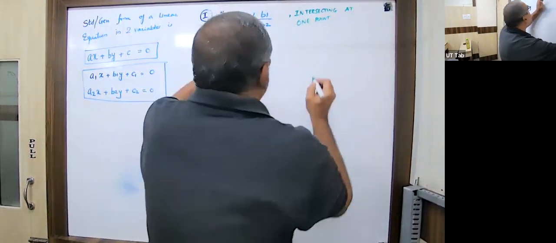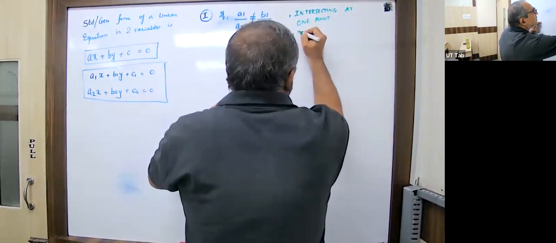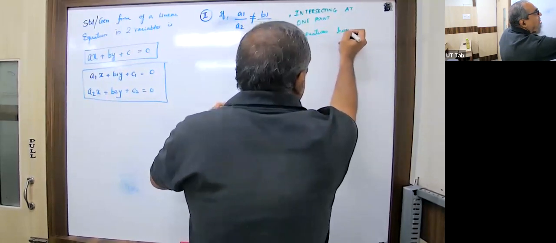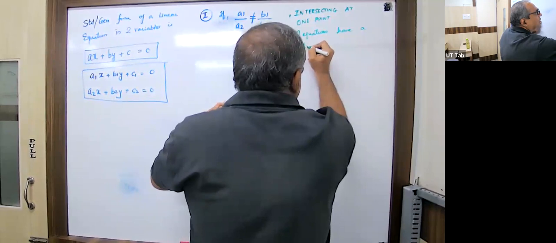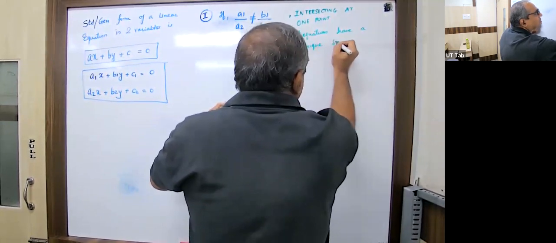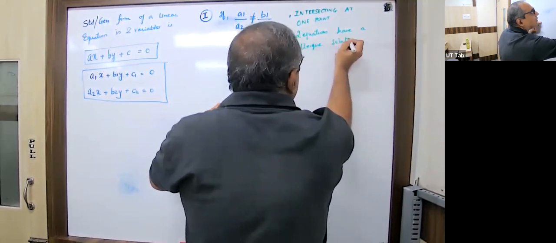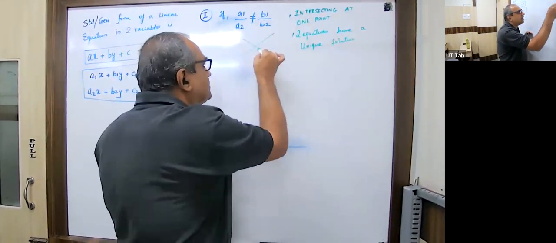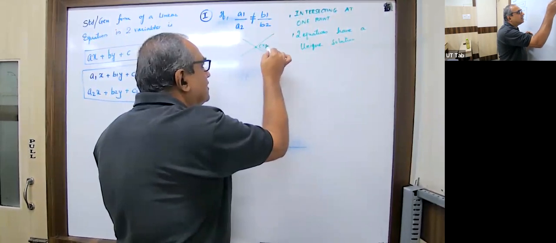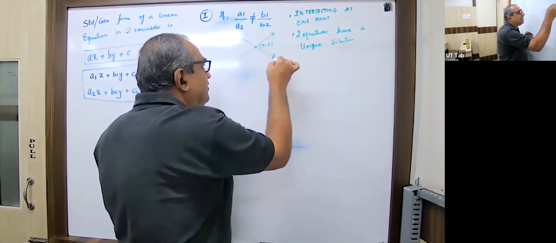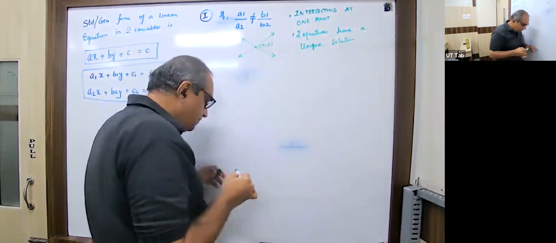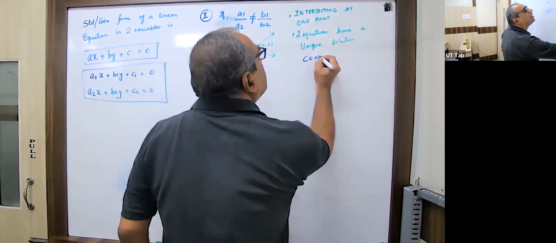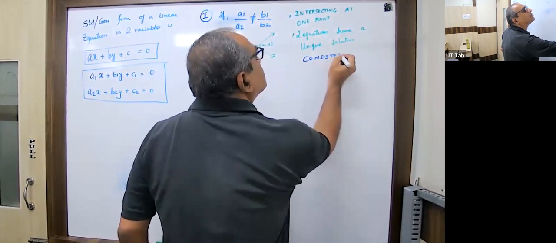That means these two equations have a unique solution. Lines will be intersecting at some point. They will have only one solution. And such equations are said to be consistent equations.